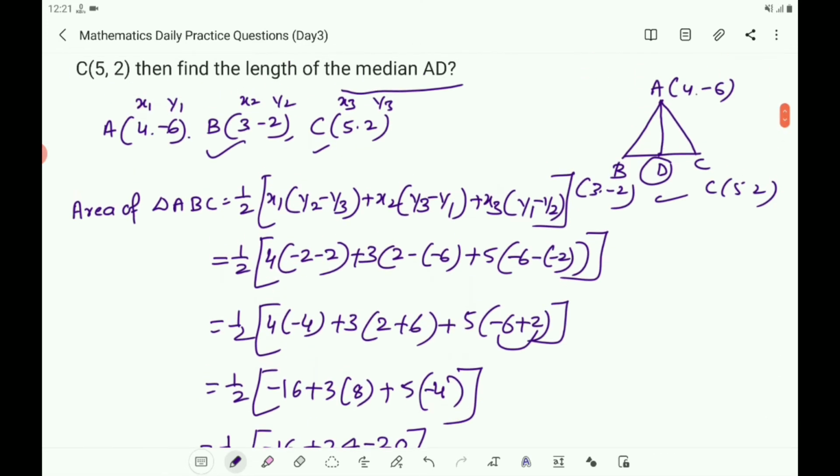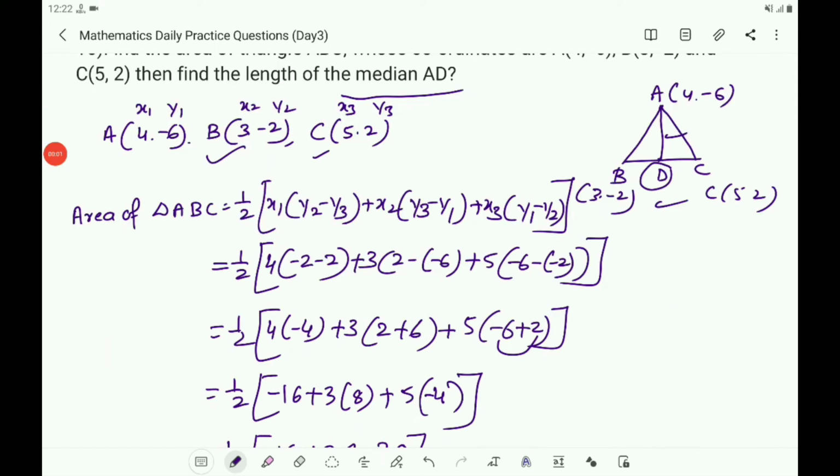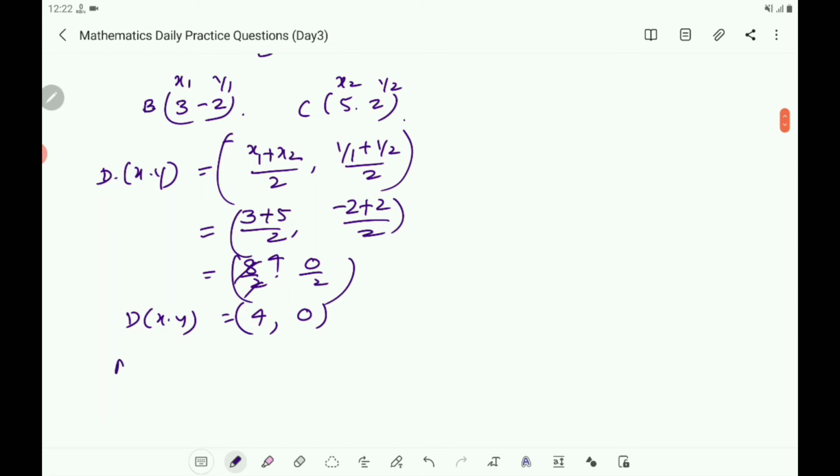Then what do we have to find? We have to find AD by using the distance formula. So you take the coordinates of A and D, and by using the distance formula get the length AD. What are the coordinates of A? A is (4, -6) and D is (4, 0).